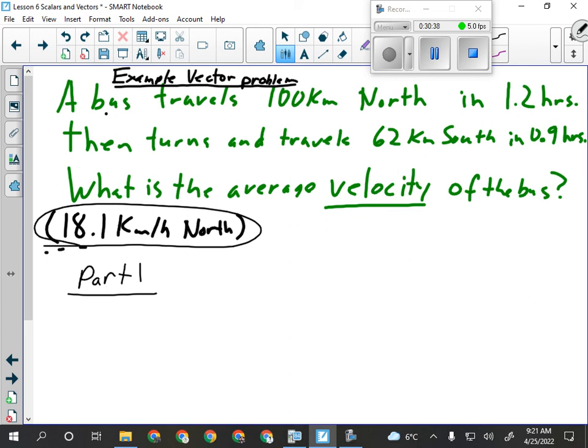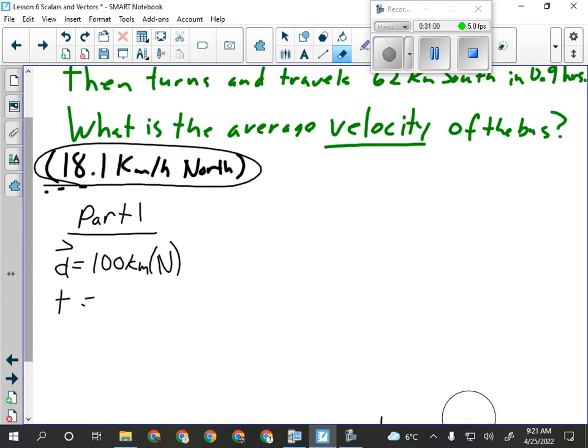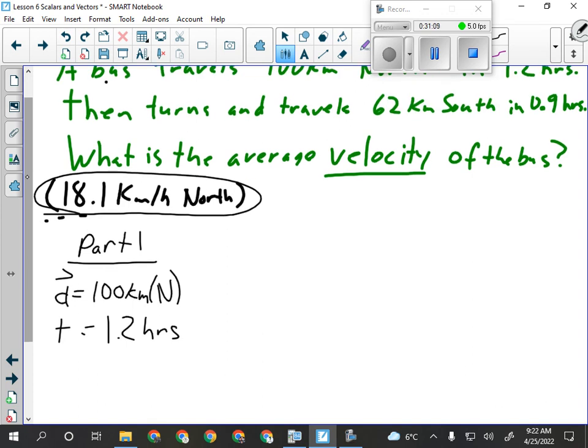It says that in part 1 of the trip, the bus traveled 100 kilometers north. What did they just give me? A displacement, right? Okay, and it did so in 1.2 hours. So they just gave me a time. Okay, and then it says they turn.